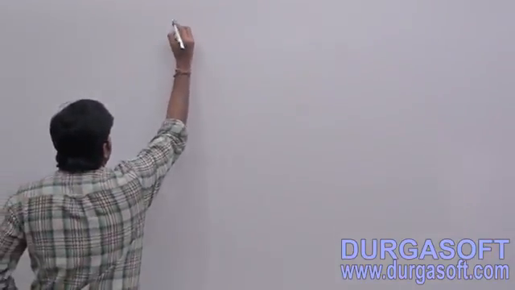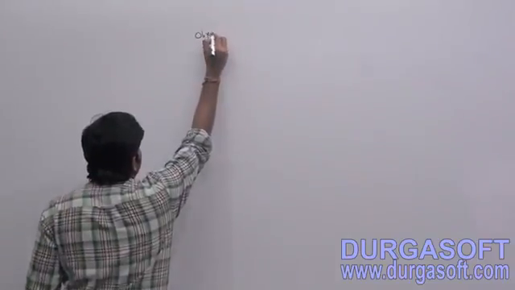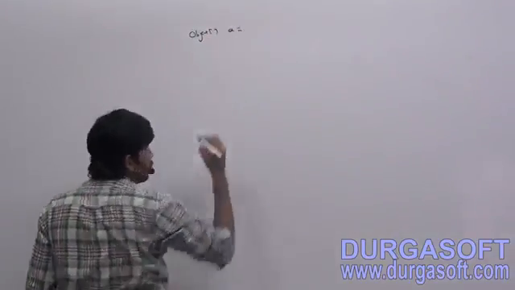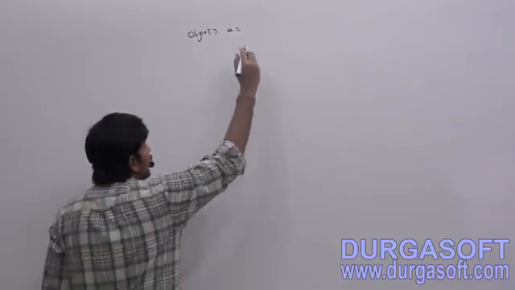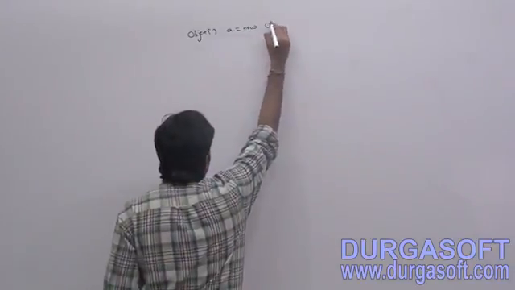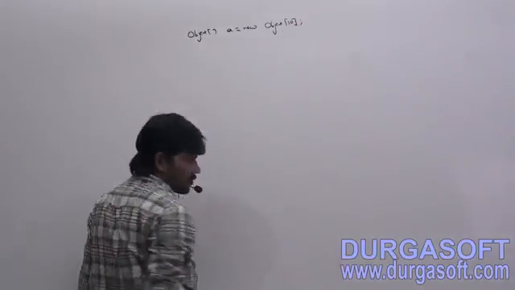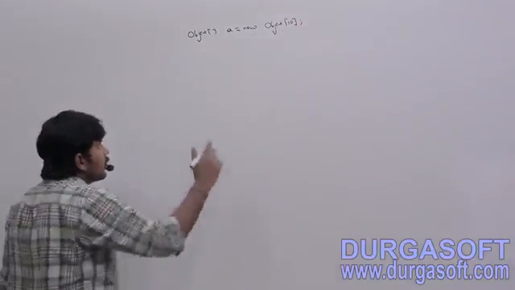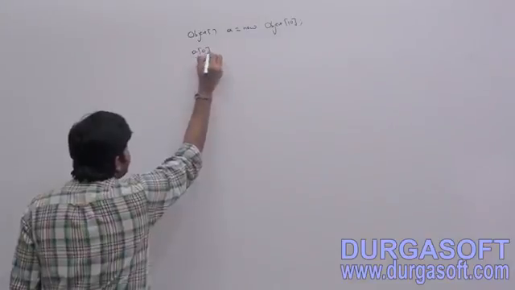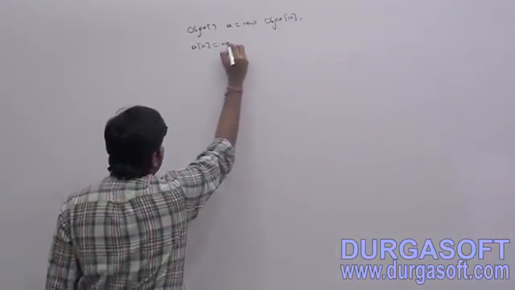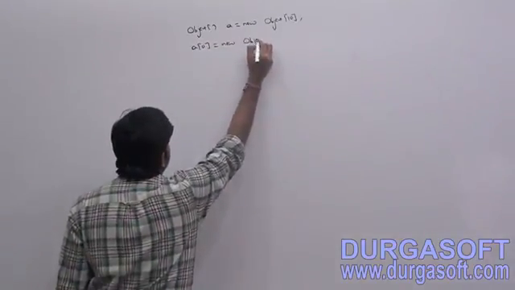I am taking one object array: Object array A is equal to new Object array of 10. Now A of 0 is equal to new Object.